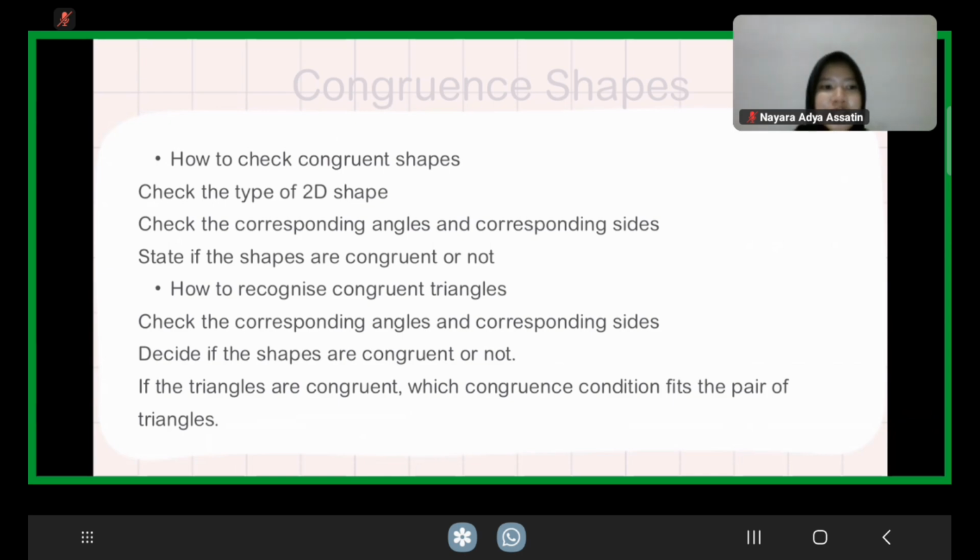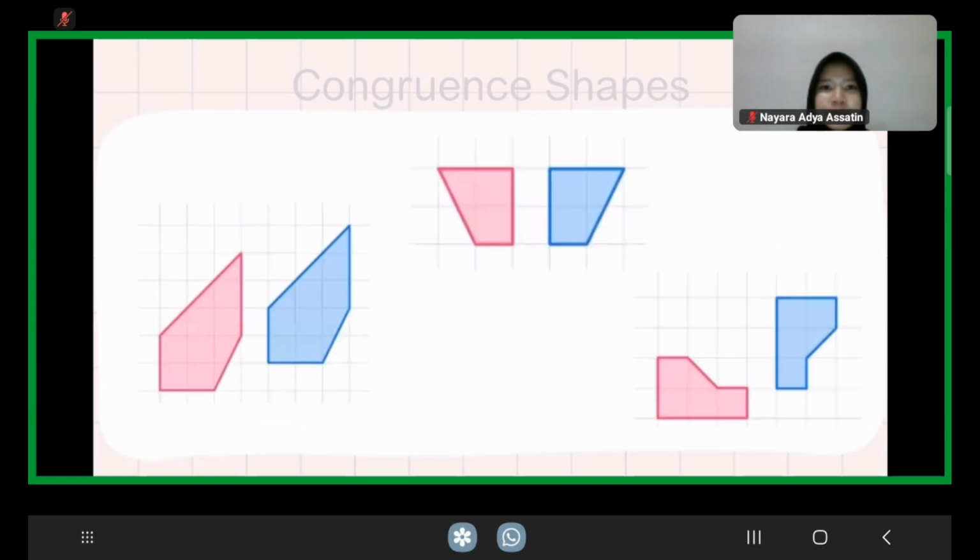First, check the corresponding angles and corresponding sides. Second, decide if the shapes are congruent or not. And third, if the triangles are congruent, which congruence condition fits the pair of triangles? These are examples of congruent shapes.